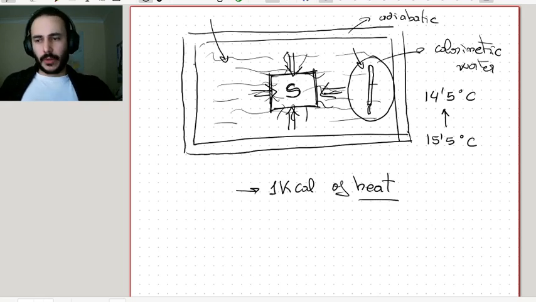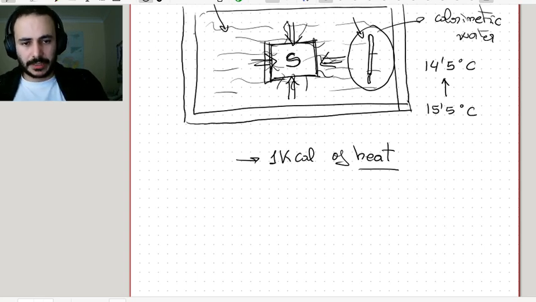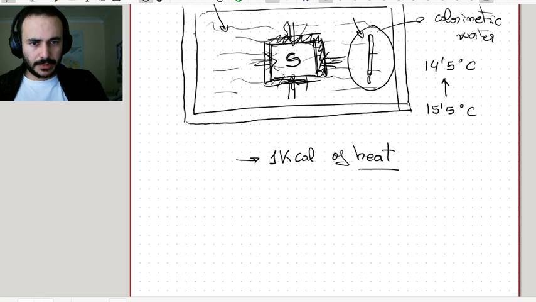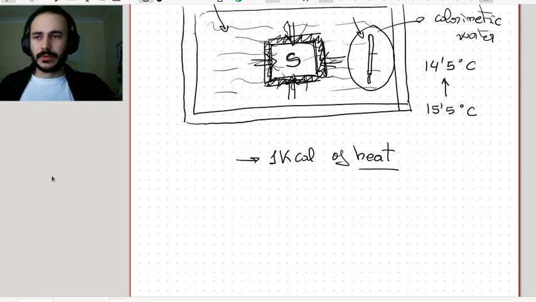Another way of speaking about adiabatic walls is that they are those boundaries through which heat cannot be exchanged. So if a system is perfectly insulated, it will never release any heat to the outside. In particular, if the boundaries of this system were adiabatic, I would never see any change in the temperature of my calorimetric water. On the contrary, diathermal walls are walls that allow heat to flow through. So that is the last concept I wanted to mention in this chapter, and I will see you in the next chapter about the ideal gas.